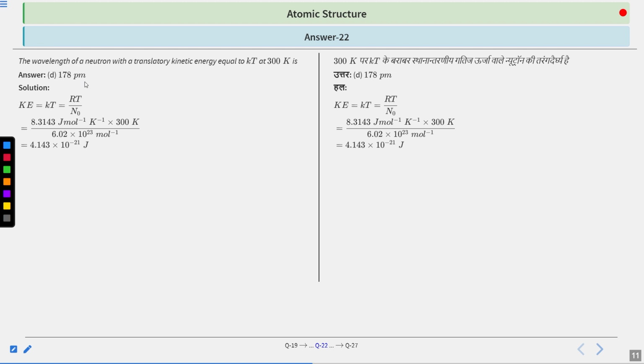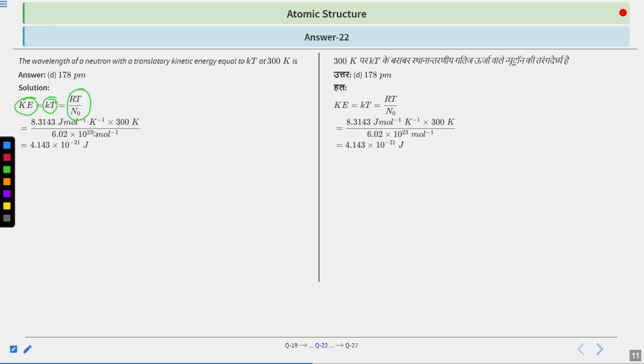Now let us see the solution. It is already given that the kinetic energy is kT, or we can say it as RT by N naught also. So k is equal to R by N naught, where R is the gas constant. Clear? And N naught is the Avogadro number.